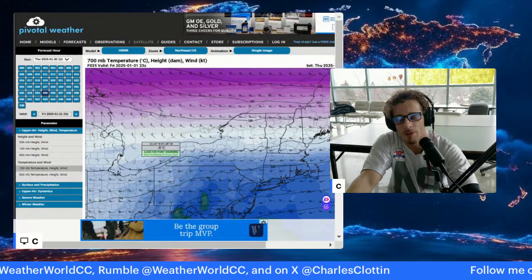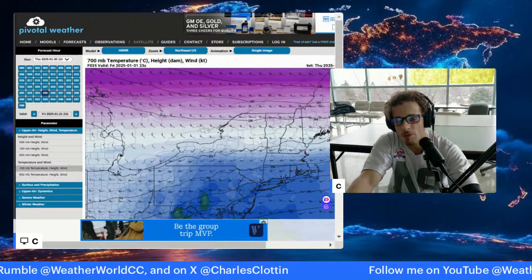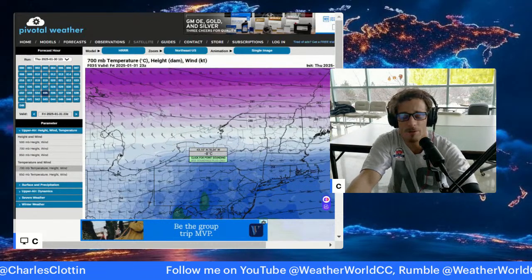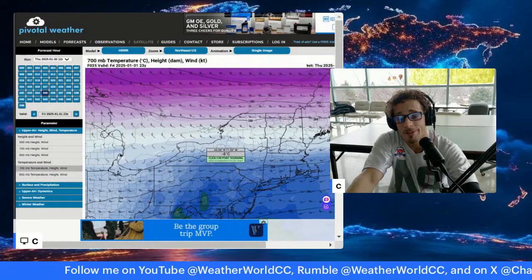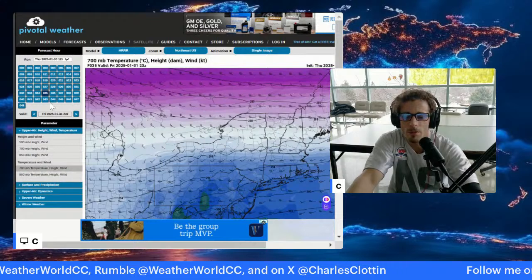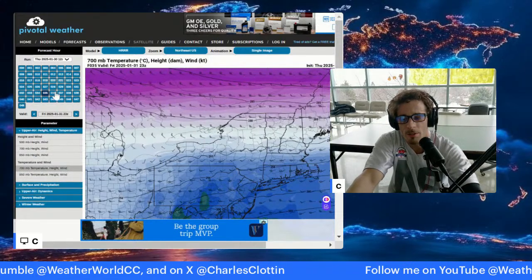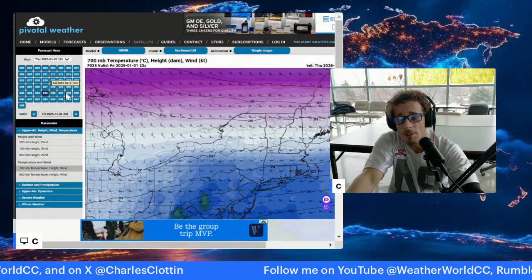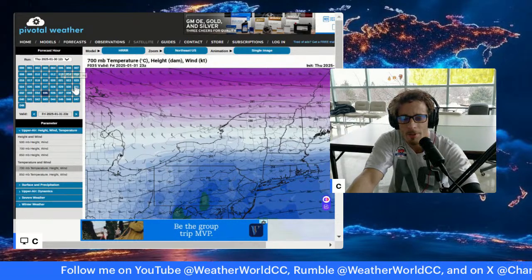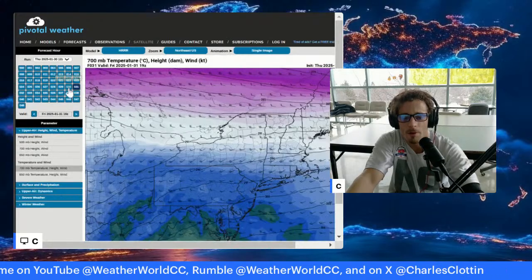The 700 is really good to look at to see which direction the wind is blowing, to see if it's going to be blowing off of the lakes, creating lake effect snow. It's a big hazard with these winter weather events, especially when there's a synoptic system going by.